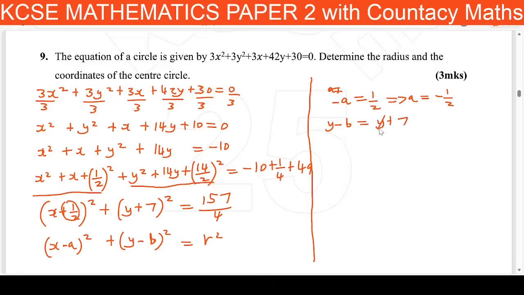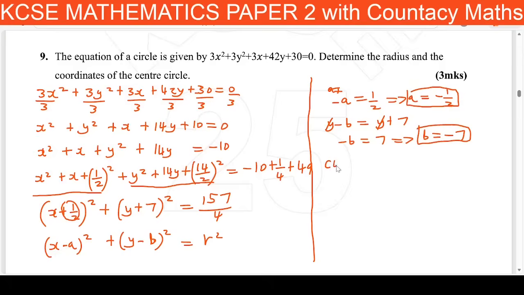So if you subtract y, you remain with negative b is equal to 7, which then would imply that b is equal to negative 7. Notice what we do here is just multiply by negative 1 to remain with b is equal to negative 7. So this is the value for a, and also we have here the value for b.